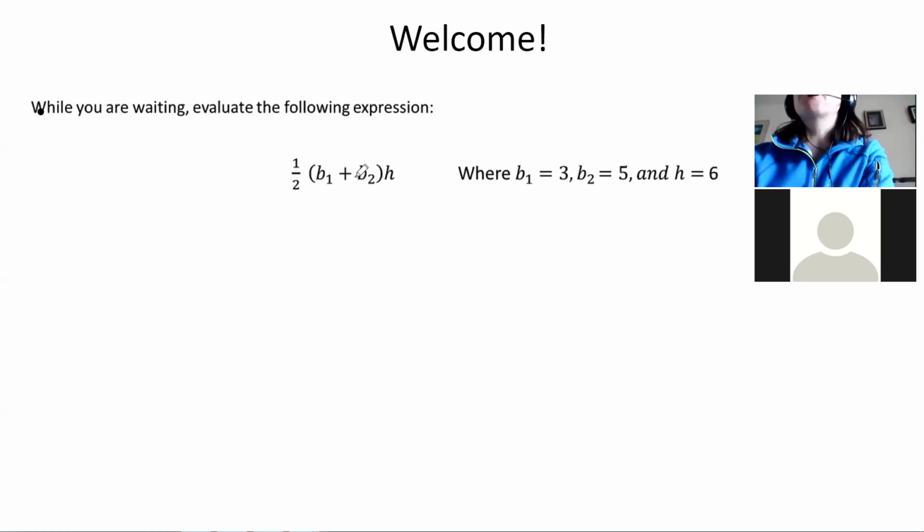This is one of the formulas you're going to be working with today. This is our area of a trapezoid formula. You're going to be told what each of the variables represents, and then you'll have to evaluate it to get the answer. Why do we say evaluate and not solve? Do you guys know that? Why do we do that?